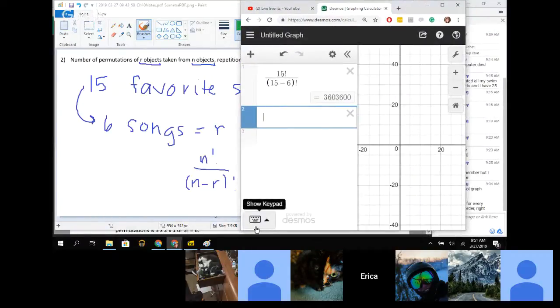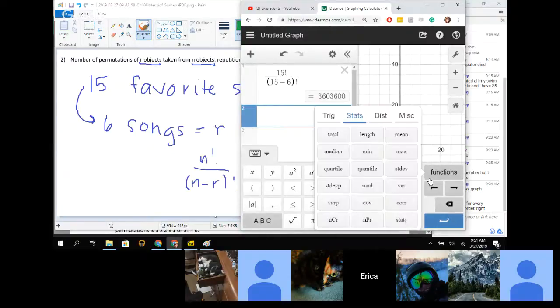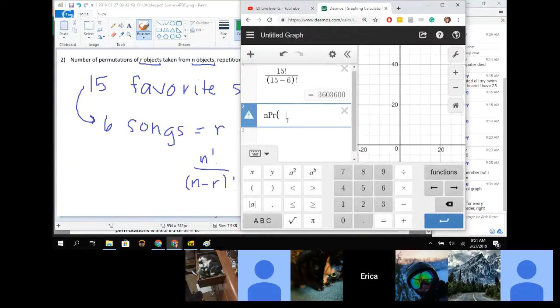Because this idea of picking items that cannot be repeated out of a larger group is used so much in math, there is a function, the nPr function. Your TI calculator works a little differently, but it is also under math, probability. There's this nPr button. We say that we have n items, so 15 items, and we're choosing 6 of them.